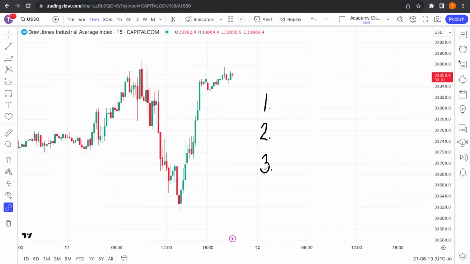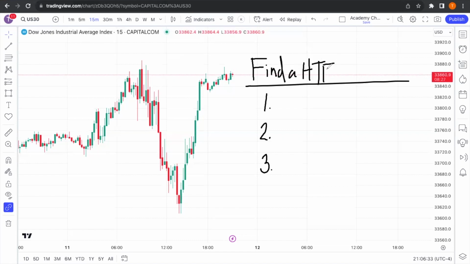Well, really, there's a pre-step, but the first thing you need to do, just in general, is find a higher time frame level. I don't care if it's a daily, weekly, or monthly level, but I would say pick one of those.